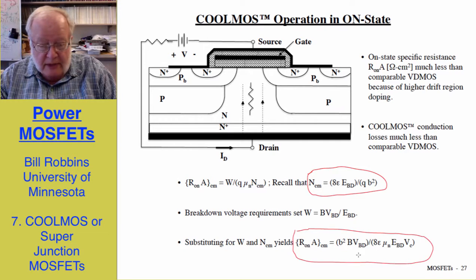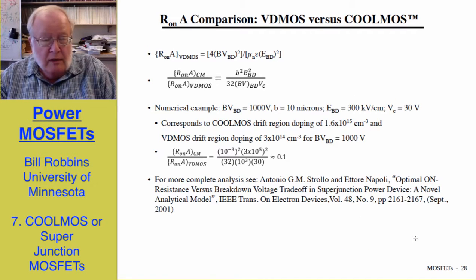And you'll note that that resistance per square is proportional to the dimension B squared and to the desired voltage V sub C at which depletion of the drift region first occurs. Well, we now are in a position where we can compare the on-state resistance per square for both VD MOS and for cool MOS.